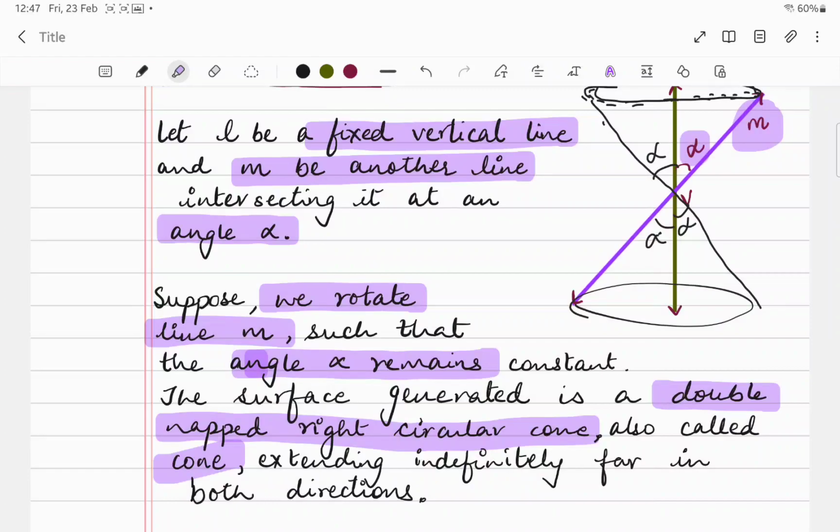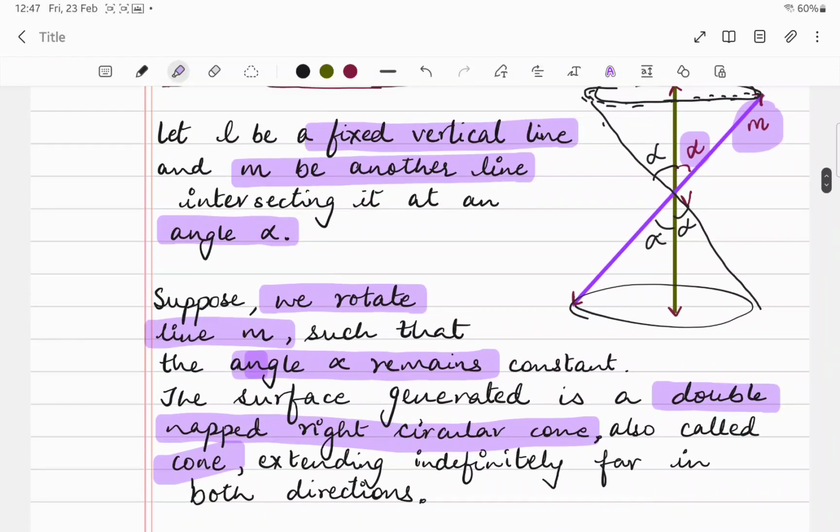This is really important to understand: where this cone is coming from and what the parts of this cone are, because we are going to talk a lot about these parts and names when we are learning about the curves individually, like circle, hyperbola, parabola, and ellipse. We are going to use this vocabulary as well.